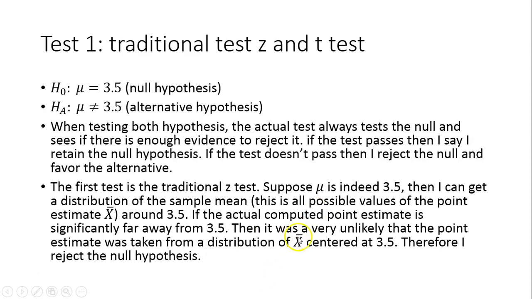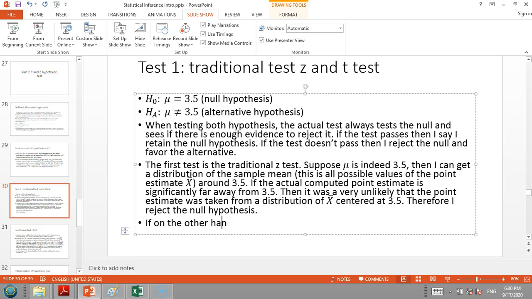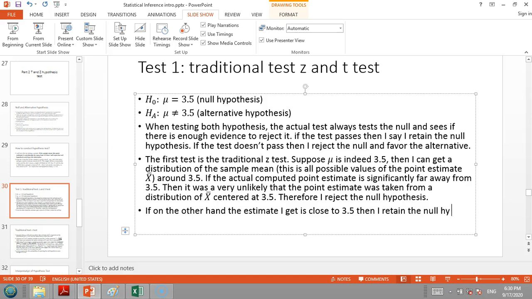On the other hand, if X bar is close to 3.5, then I retain the null hypothesis.